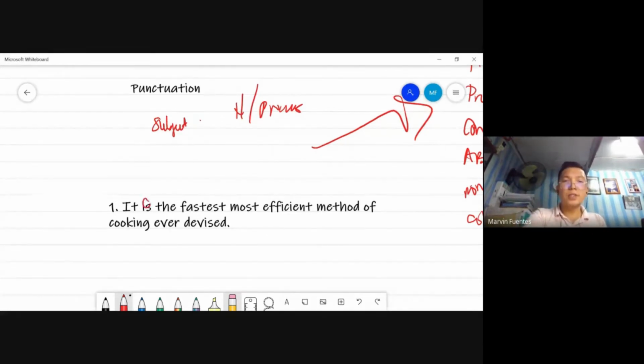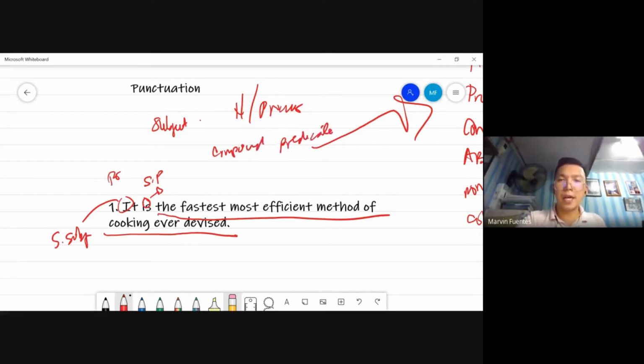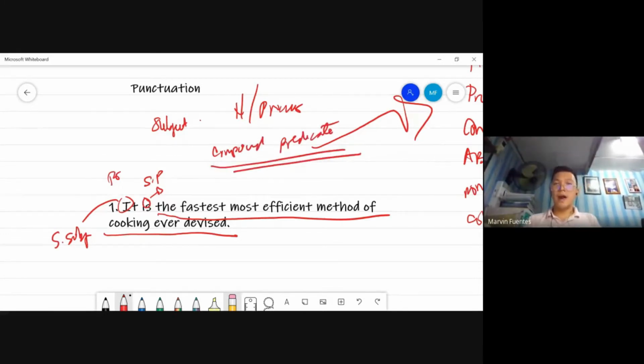Because it is obvious that the simple predicate is, and then this is a pronoun wherein this is a simple subject. And now I am talking about this specific group of words which we call the compound predicate. All right?